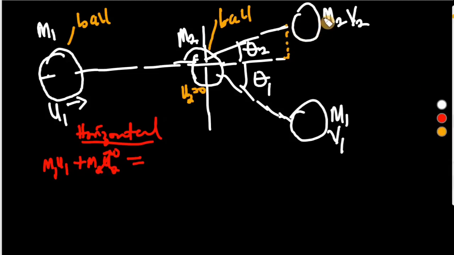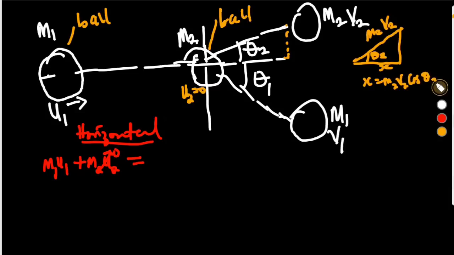So let us find the final momentum m2v2 along the horizontal, taking note of this angle theta 2. Bringing this out, this becomes theta 2, and this is m2v2. I can call this x. If I want to resolve this horizontally, it will be m2v2 cos theta 2 using SOHCAHTOA.